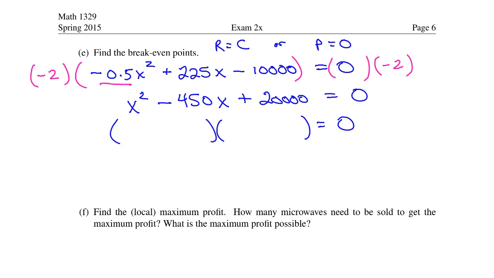We want to factor this. So we're going to have x and x. And then we need to find two numbers that multiply to give me 20,000 and add to give me 450. And it's 50 and 400. They're both negative. So x is equal to 50 and x is equal to 400. So the break-even points are 50 and 400.